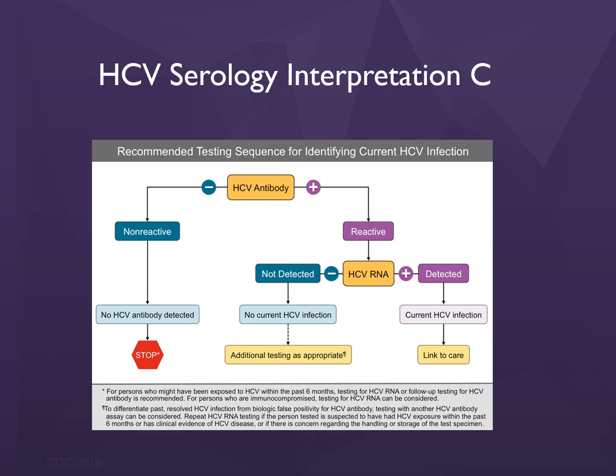If it comes back negative, that means that patient does not have hepatitis C. You don't have to worry about treating them. You can just maybe do another test in a couple of months to see if the antibody test still comes back reactive. Sometimes if you do an HCV RNA test because your HCV antibody test was positive, but the RNA test is negative, it could be a false positive as well.